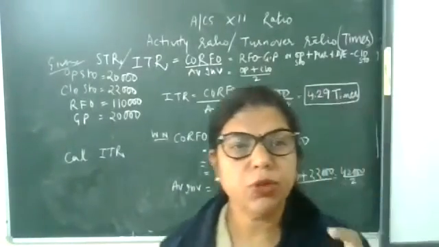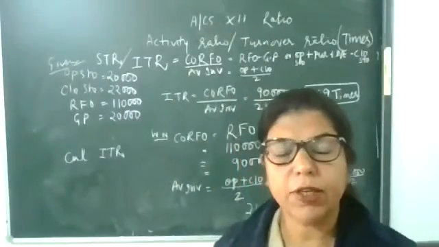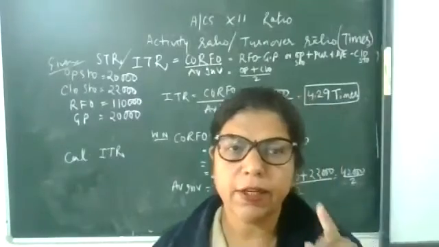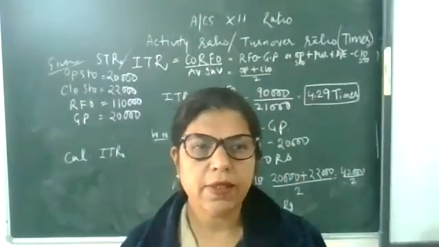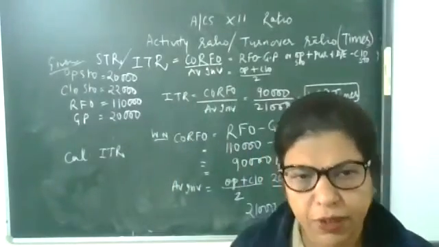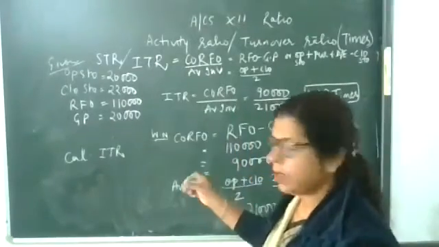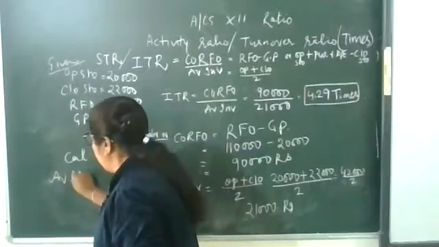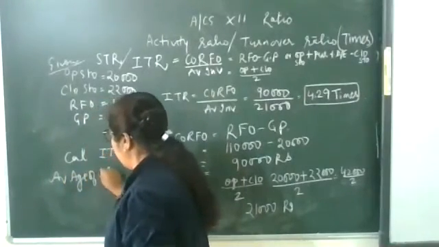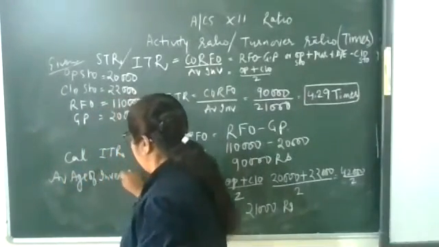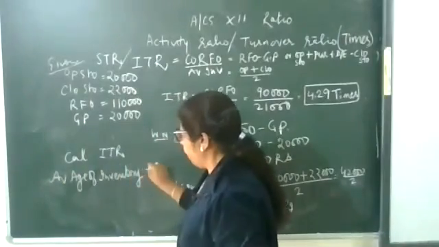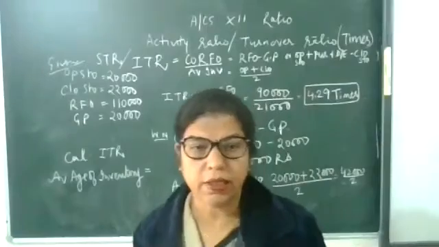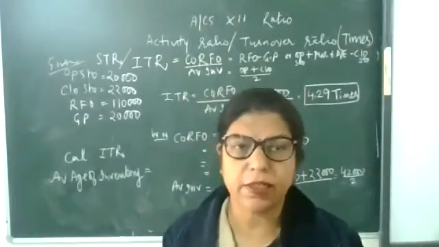Now see one more formula, because that topic contains 4 marks. So in that type of question, they can add one more thing. That is average age of inventory. So please note down average age of inventory. They may ask anything in the exam, even in the 1 mark, they can ask the formula.